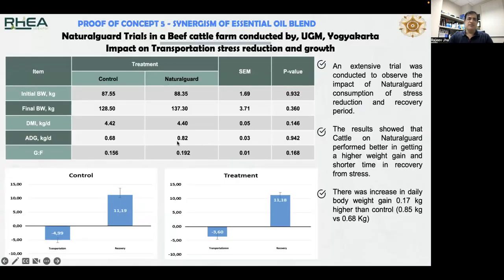Then come to some in vivo trials. Here in this trial, which was conducted in UGM University, showed that the cattle fed on natural guard performed better in getting a higher weight gain after the transportation stress.